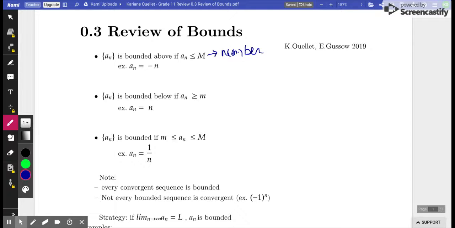All right. So the example we give here is a sequence a_n equals minus n, which is minus 1, minus 2, minus 3, minus 4, and so on. But more importantly, what does this look like on a graph? If I graph the sequence, we said that it begins at minus 1.